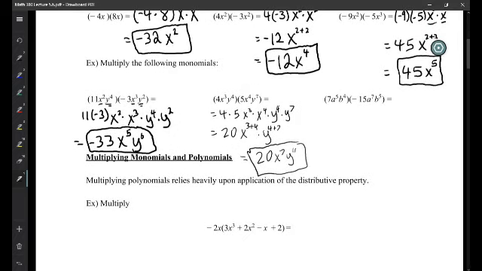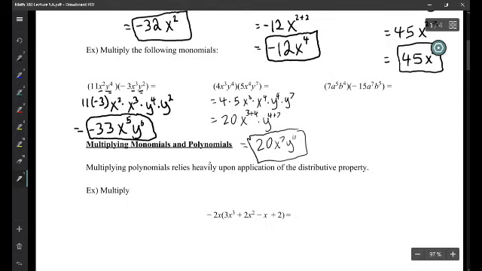And then here we get 7 times negative 15, a to the 5th times a to the 7th times b to the 4th times b to the 5th. 7 times 15 is 70 plus 35, so 105.